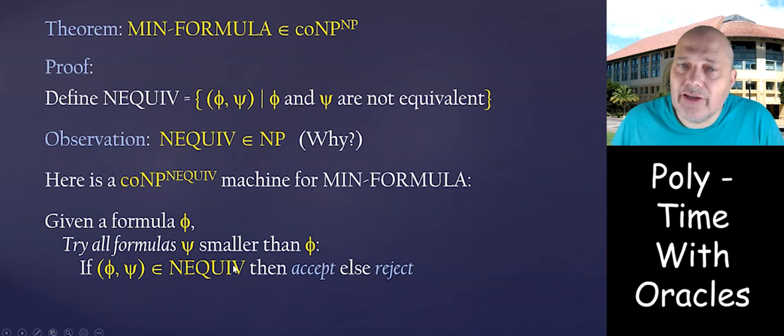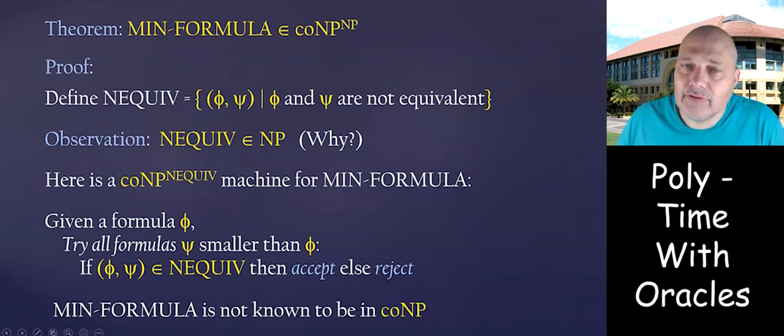And this is what we're checking here. So MIN-FORMULA is not known to be in coNP. It is in coNP to the NP, but we don't know that it is in coNP. And it shows that, at least based on our current state of knowledge, these classes actually contain interesting languages.